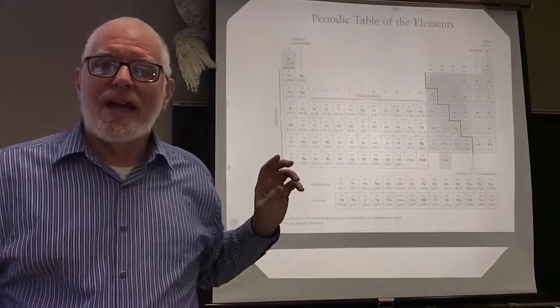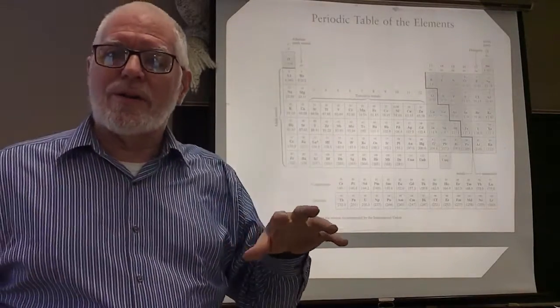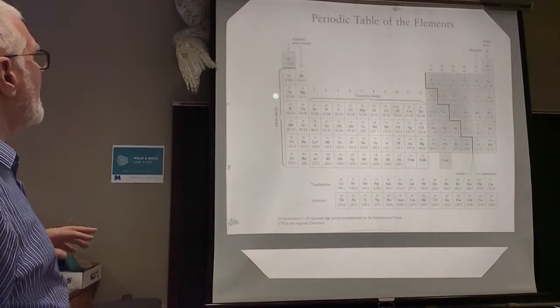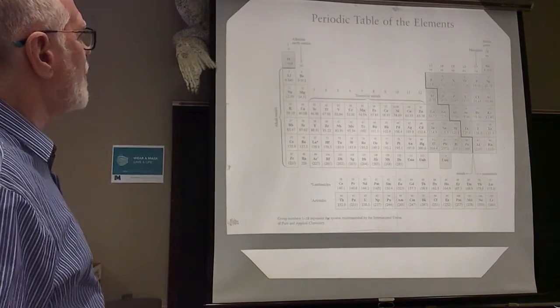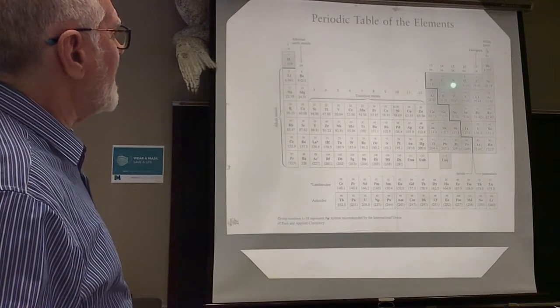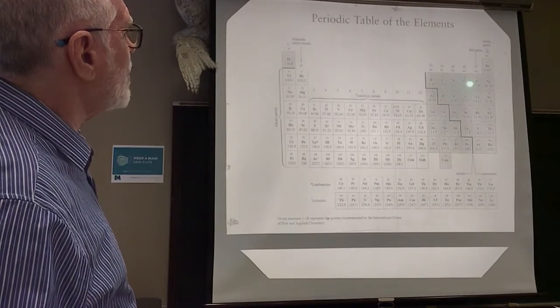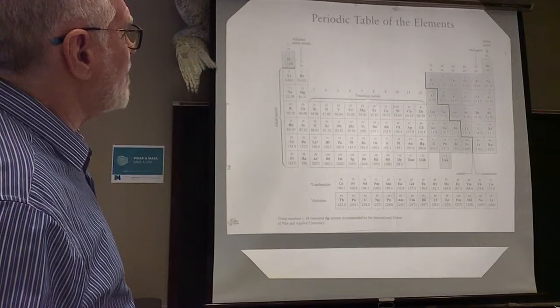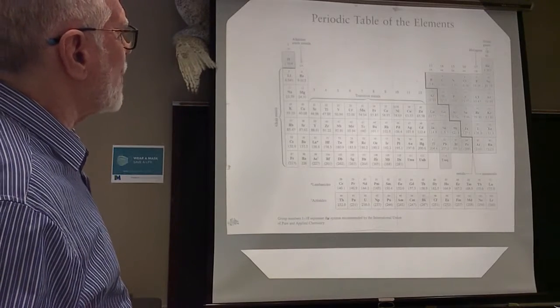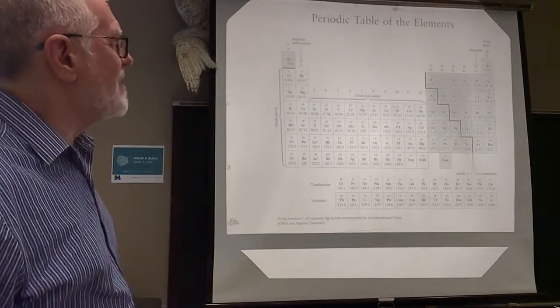and that gives them these numbers. Now, for the smaller atoms, these numbers tend to be very close to a whole number. 10.8, 12.0, 14.0, 16.00, 19.0. There's not a lot of different oxygen and fluorine isotopes.